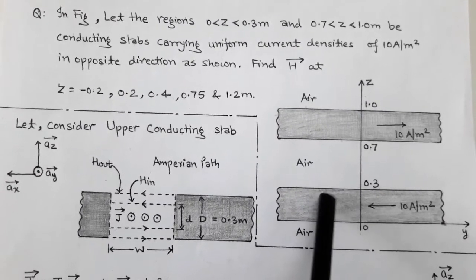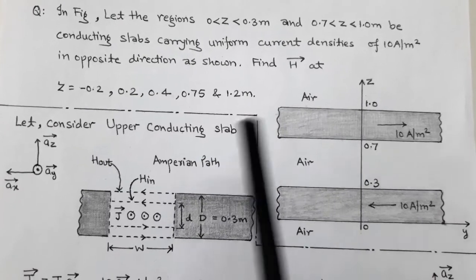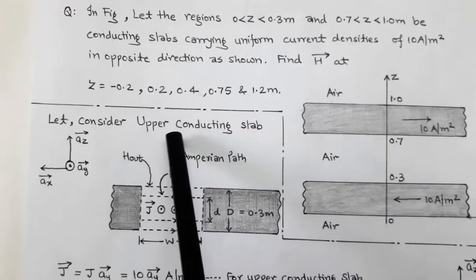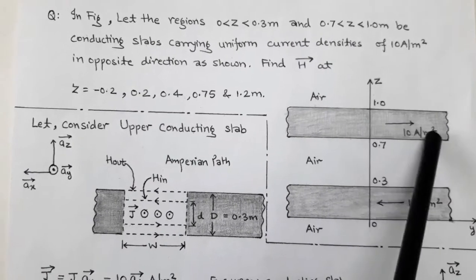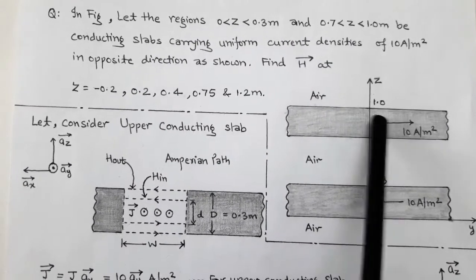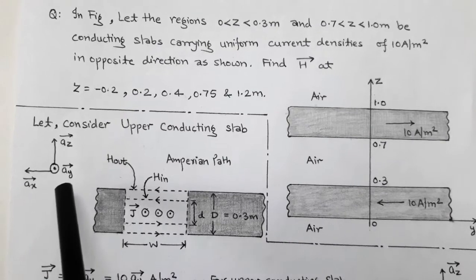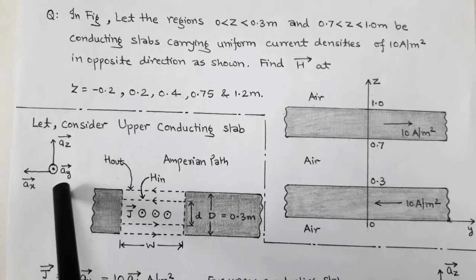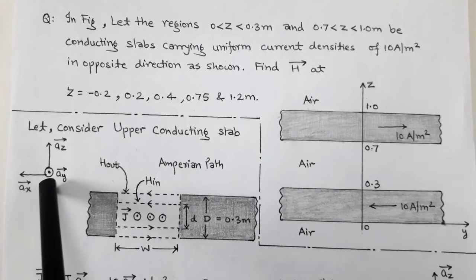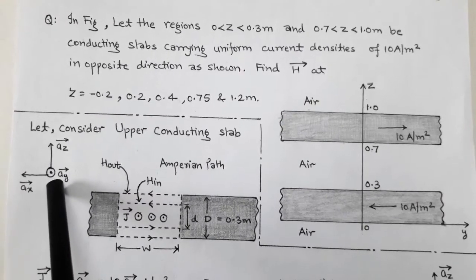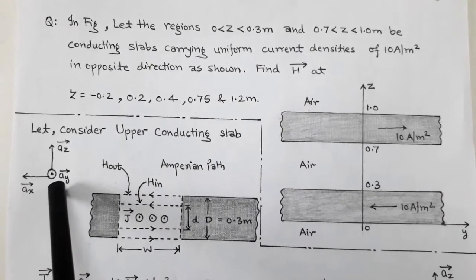So first we consider the upper conducting slab. In the upper conducting slab, the current density is toward the positive y direction. We take the upper conducting slab and consider the direction of unit vector y pointing out.